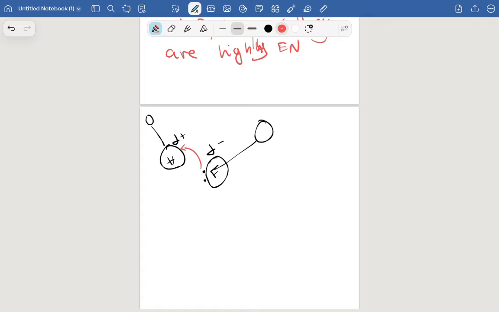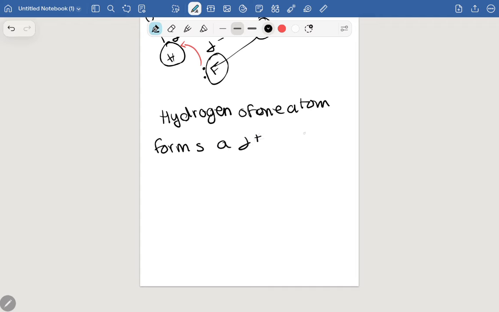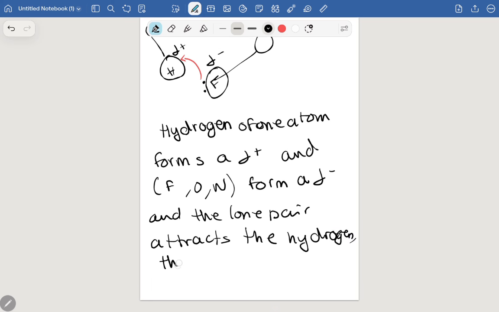So very simply, hydrogen of one atom forms a partial positive and FON form a partial negative, and the lone pair attracts the hydrogen, and thus we will have what? Thus forming a hydrogen bond.